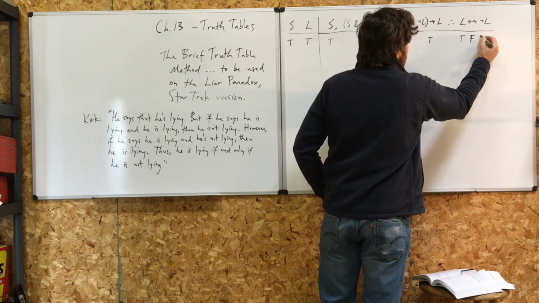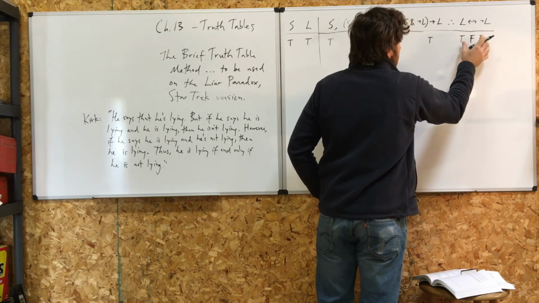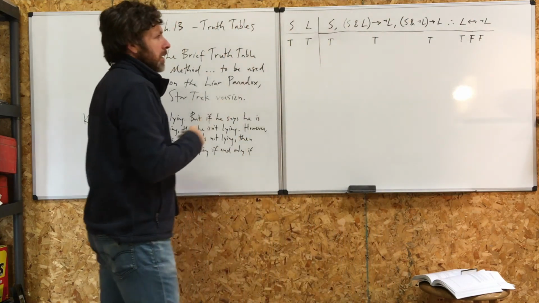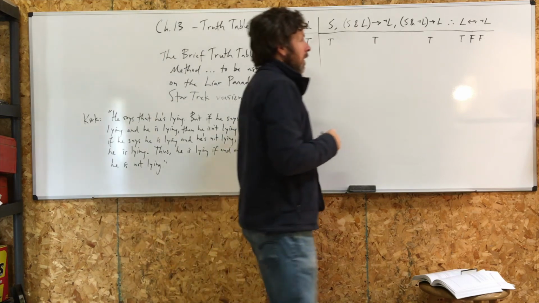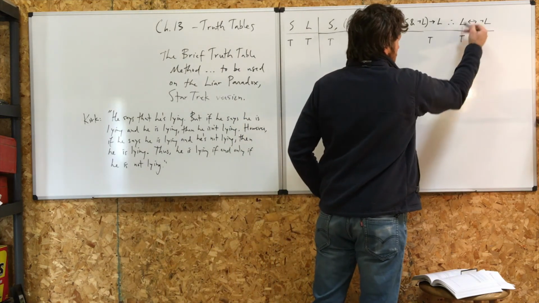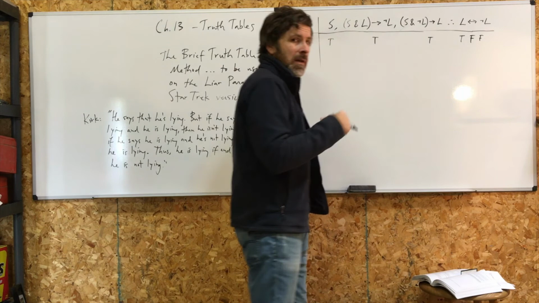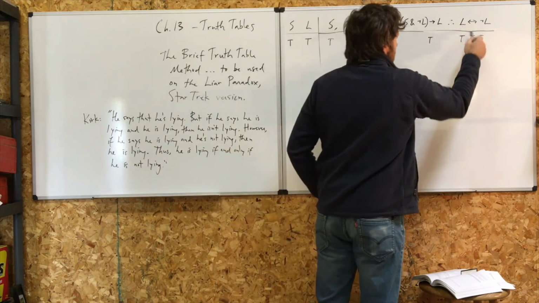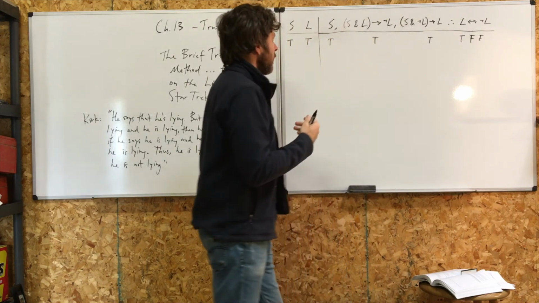And if L is true, then not L is false. That's not a problem right there. Easy. No matter what value you plug in for L, this biconditional will turn out to be false. So that's not a problem. If L is true, then this biconditional is false. So far, so good.